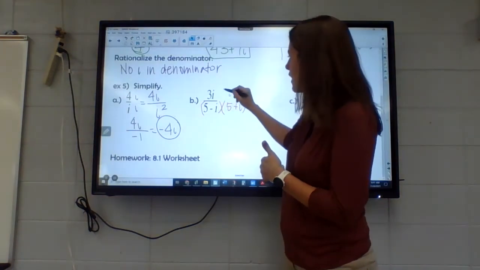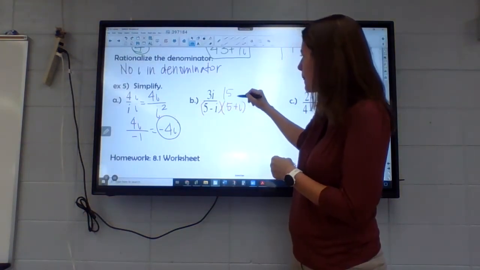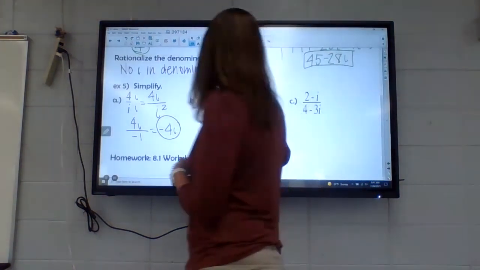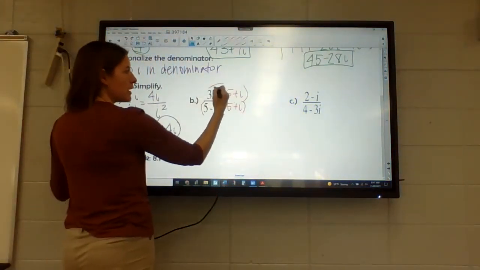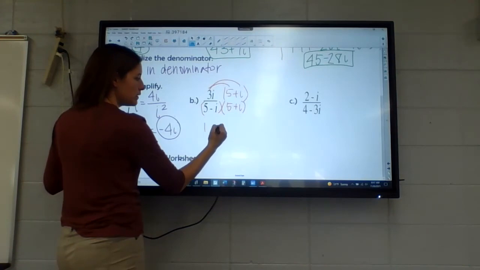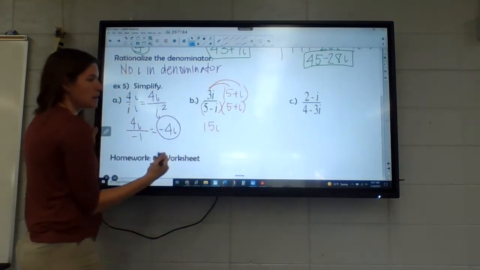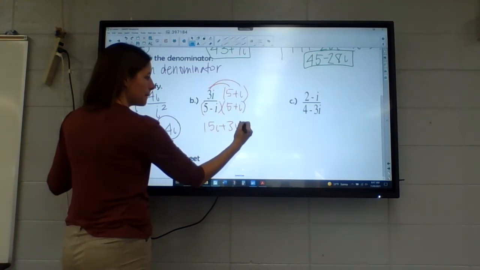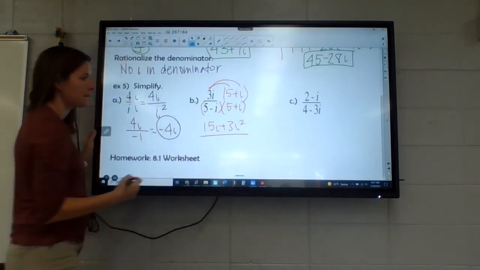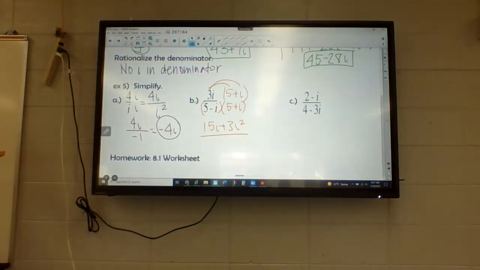So on top up here, I have to multiply by the same thing. So the top, I'm going to distribute that right away, just because it's 10. And we'll end up simplifying that.